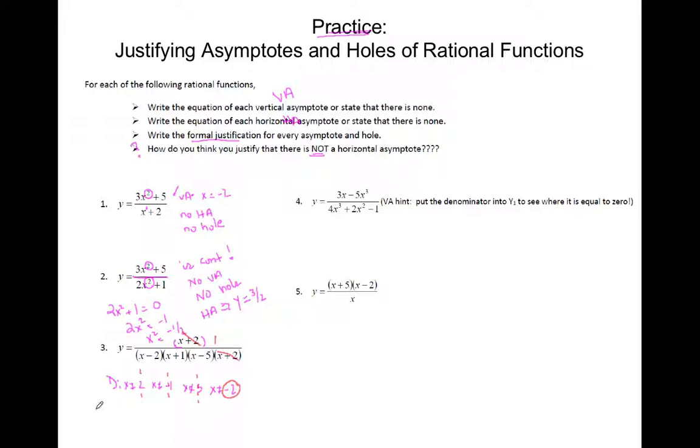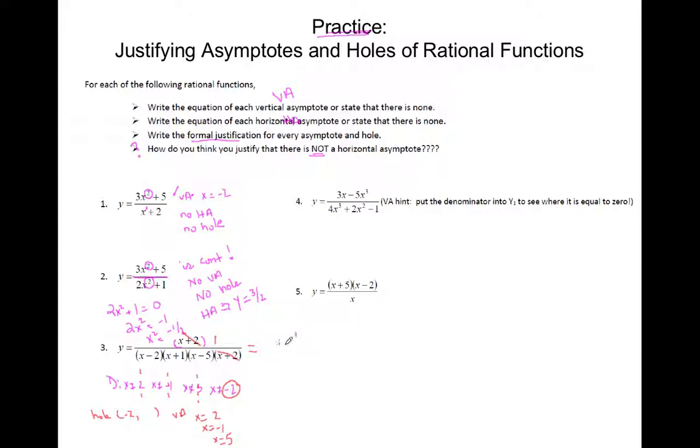Right, so I have a hole at -2 comma something, and I have a vertical asymptote at x equals 2, x equals -1, and x equals 5. This graph is certainly not continuous. Where's my hole? My hole is at plug -2 into the cleaned up equation.